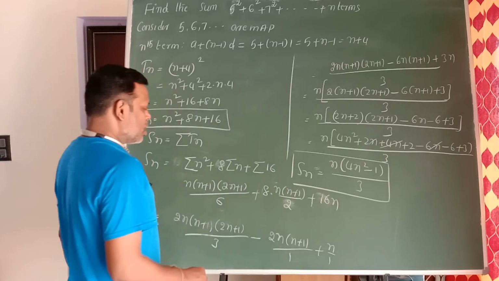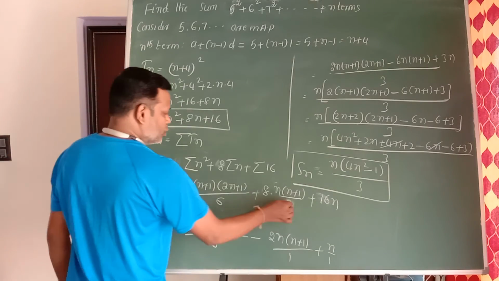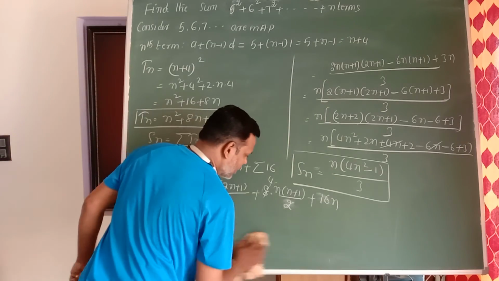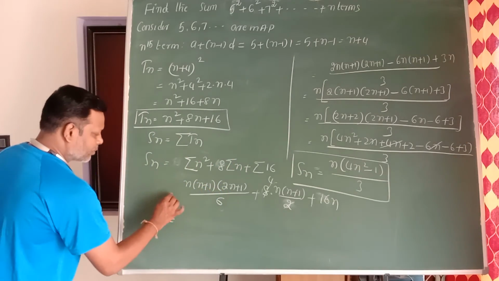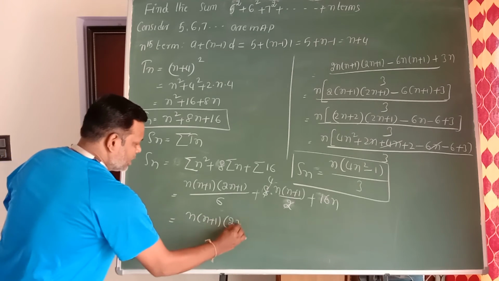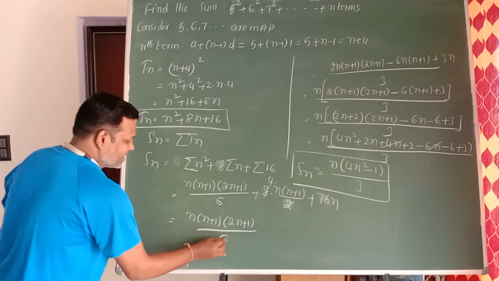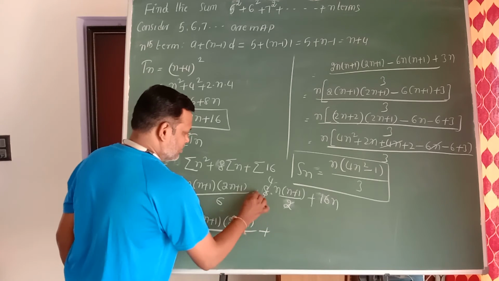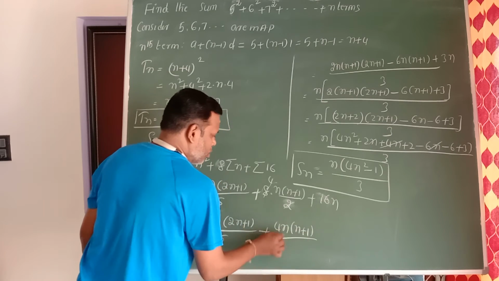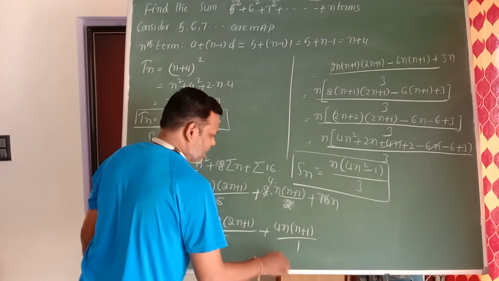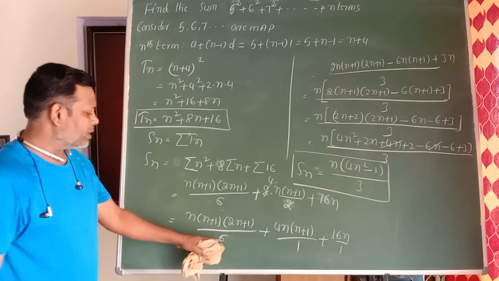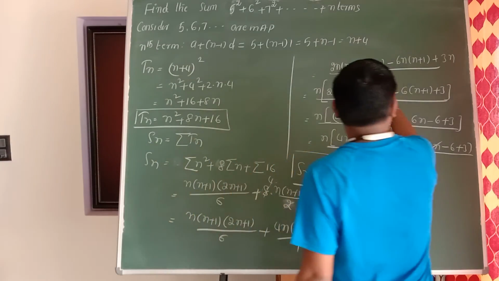Now you can take the two 4s, and this becomes n(n plus 1)(2n plus 1) divided by 6 plus 4n(n plus 1) plus 16n. Here we have to take 6 as the LCM.